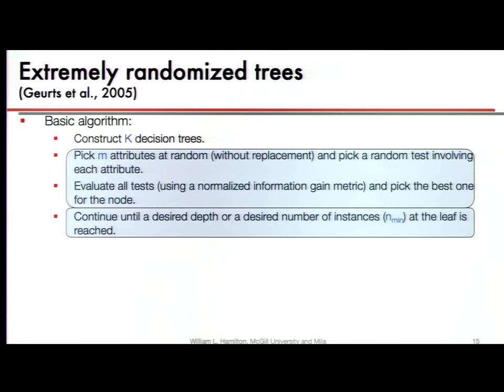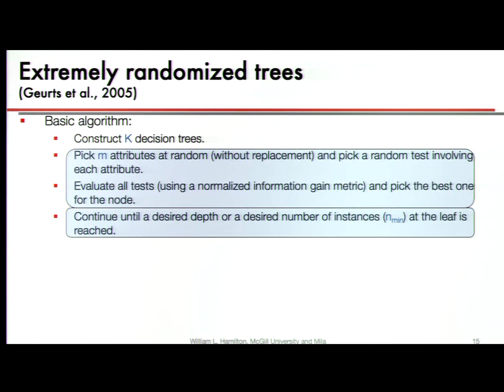The other variant of this is called extremely randomized trees. And here, it's actually no longer explicitly relying on bootstrap aggregation, but it's a very similar idea. We're making k different trees, but now what we're doing is that we're only picking m attributes at random without replacement, and we're picking a random test involving each attribute.